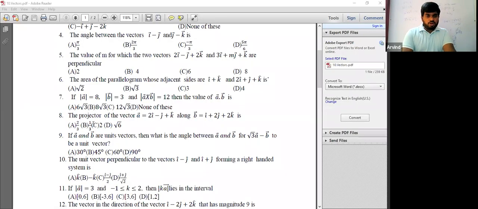If a and b are unit vectors, that means taking the modulus gives 1. That is, mod a is equal to 1, mod b is equal to 1, they have said indirectly. Then what is the angle between a and b such that root 3a vector minus vector b will be a unit vector?